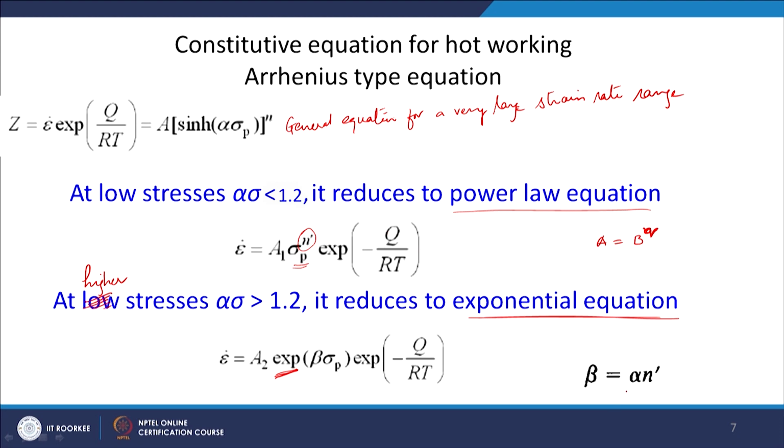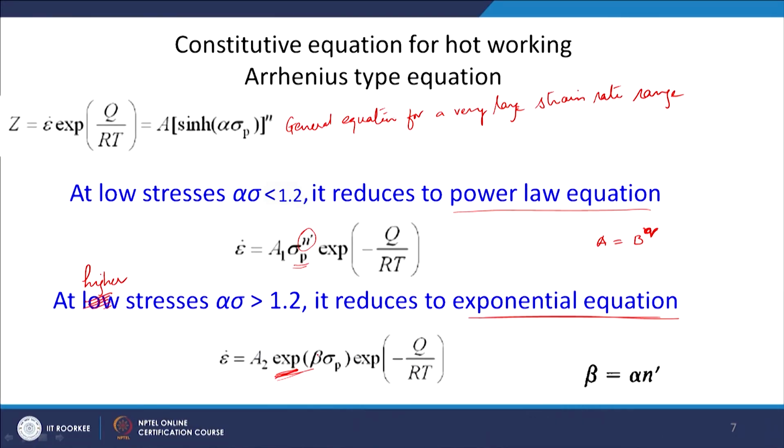So at higher stresses you have an exponential dependence of strain rate on stress. The beta here is again the same alpha, the stress multiplier, and the n prime exponent from the power law equation; you have to multiply these two to get beta. These are the different variations of the constitutive equation in different strain rate regimes.